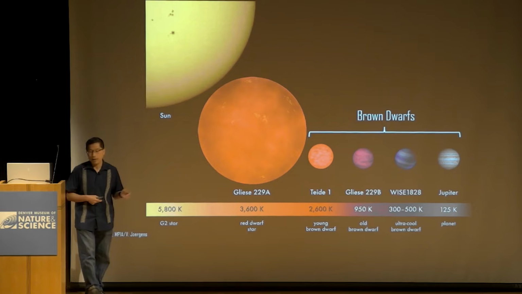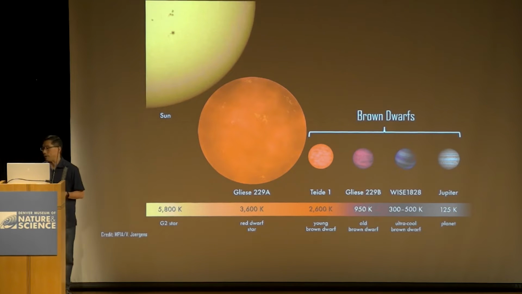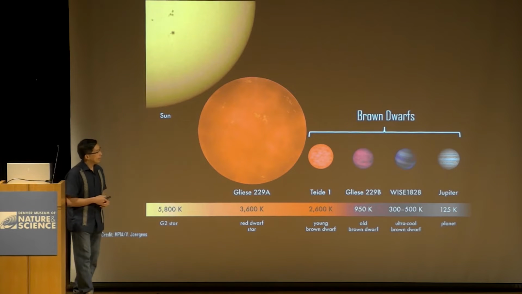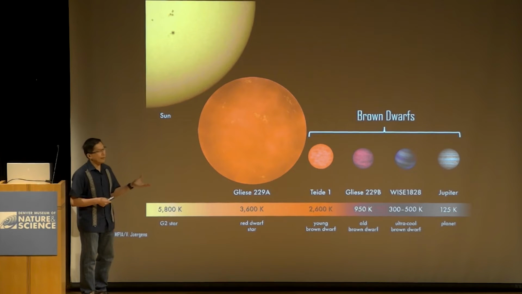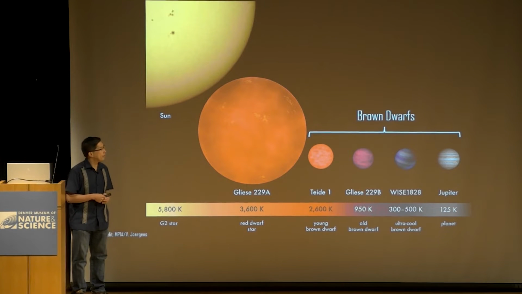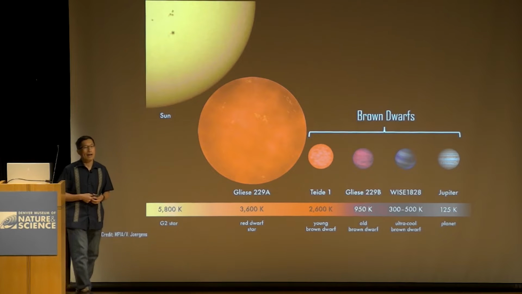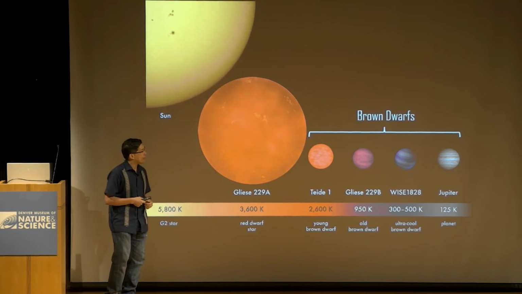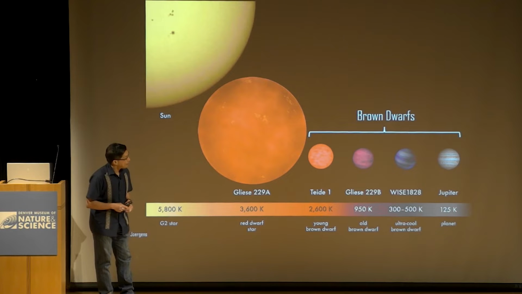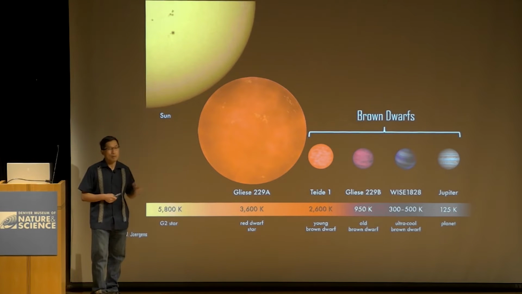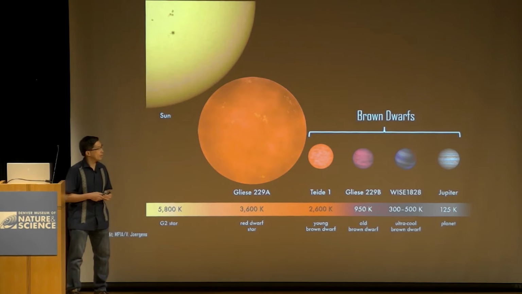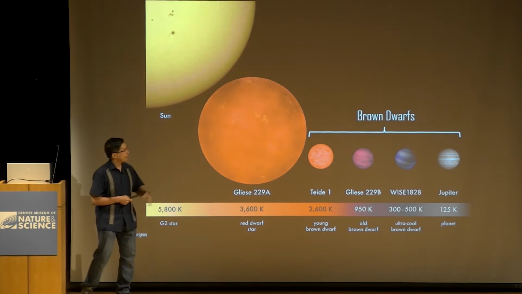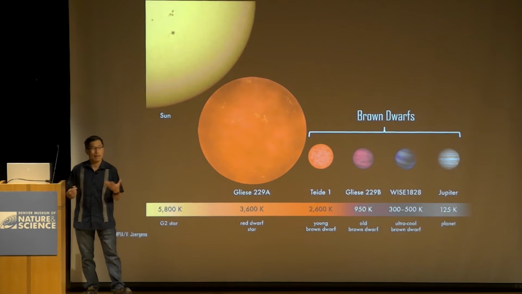It's also thought to be older than Theta 1. And finally, as you get to an even older brown dwarf, WISE 1828, now you're dealing with something really cool, maybe a few hundred degrees Kelvin. These are temperatures close to room temperature. Room temperature here on Earth is close to 300 degrees Kelvin. So these are objects at temperatures that we are familiar with.